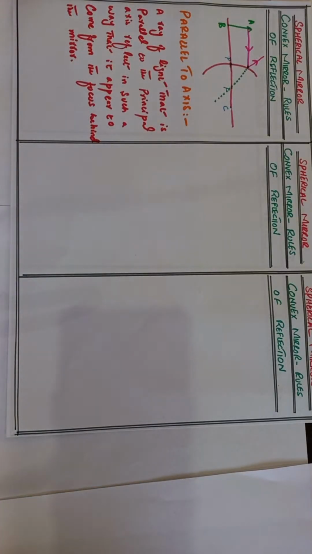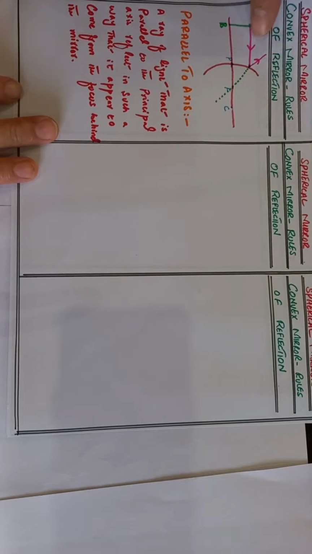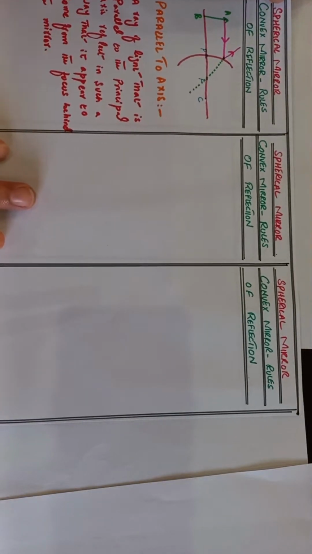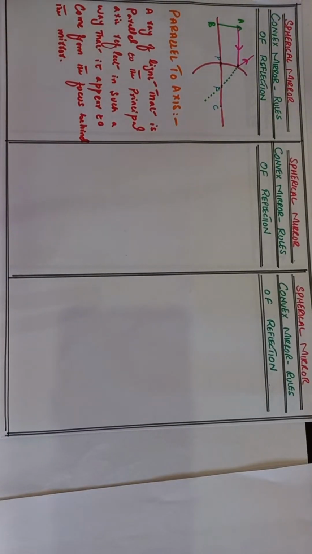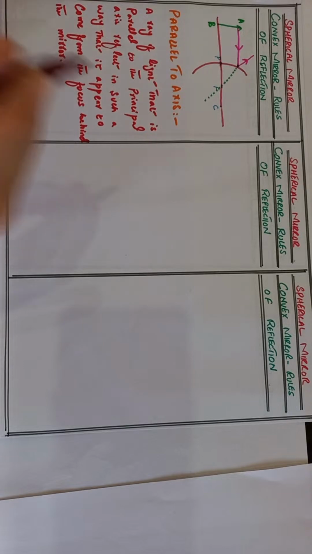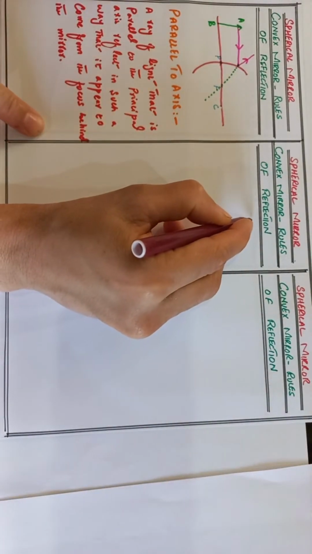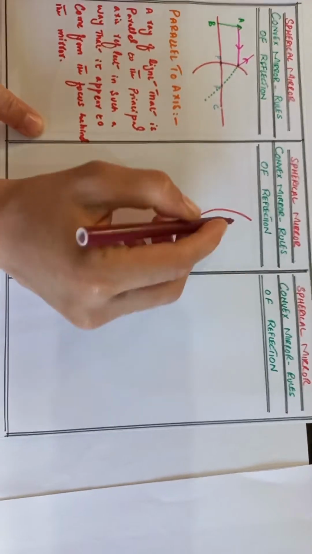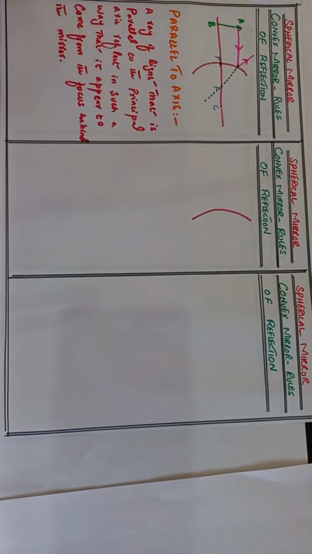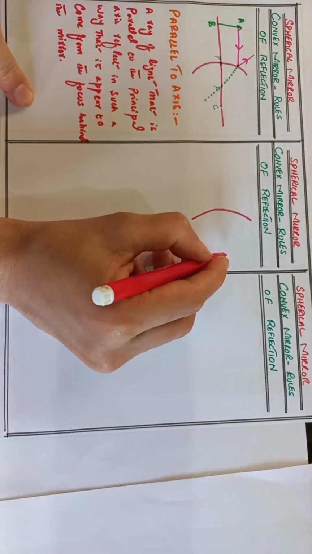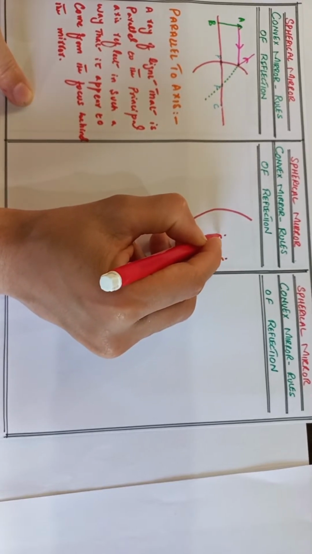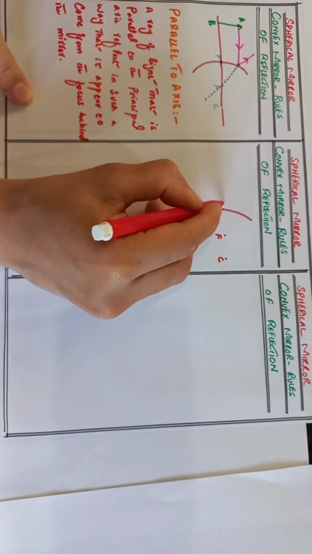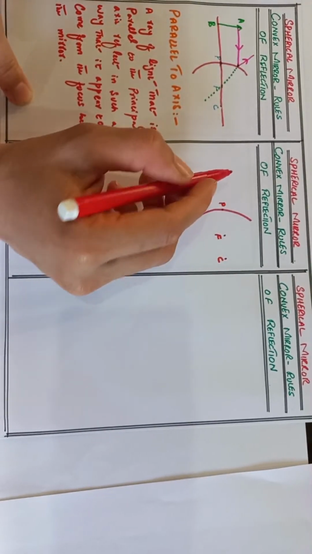So here we take another ray diagram of the convex mirror. This is the convex mirror, which is part of a spherical mirror. This is the center of curvature. This is the focus, which is between the pole of the convex mirror and the center of curvature.